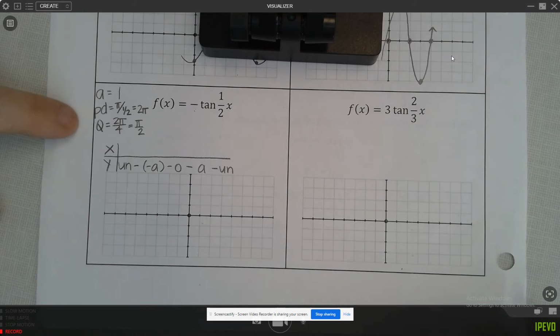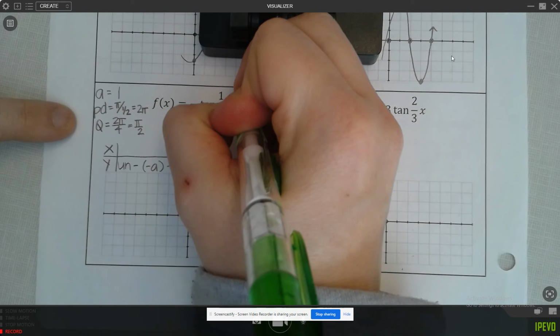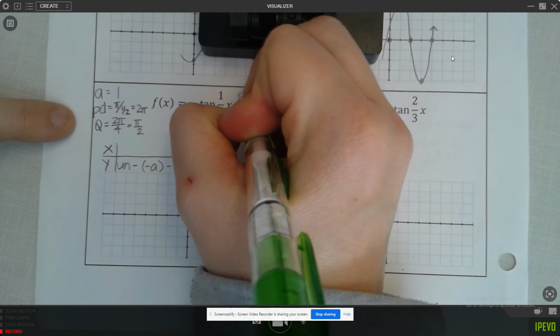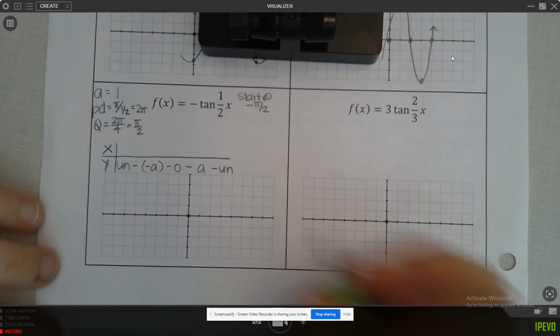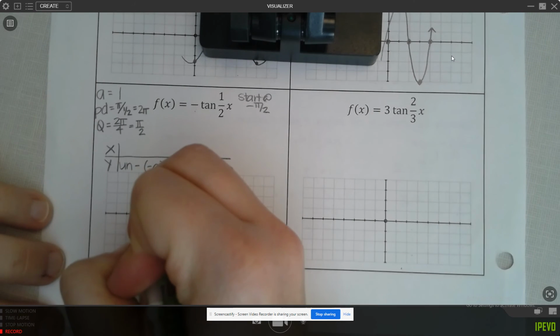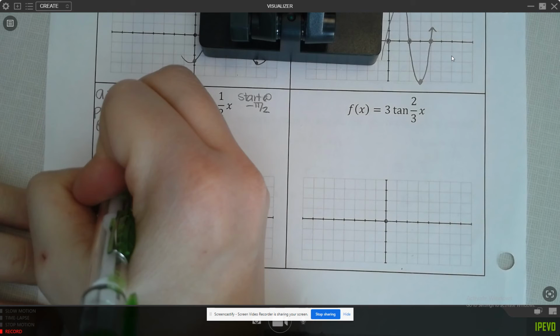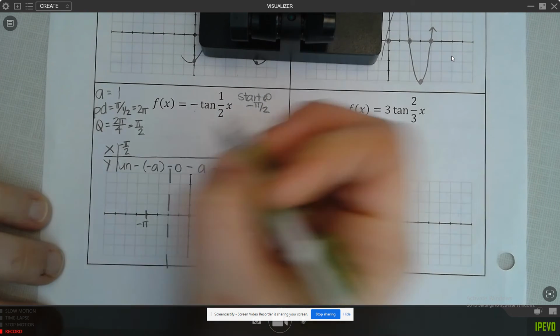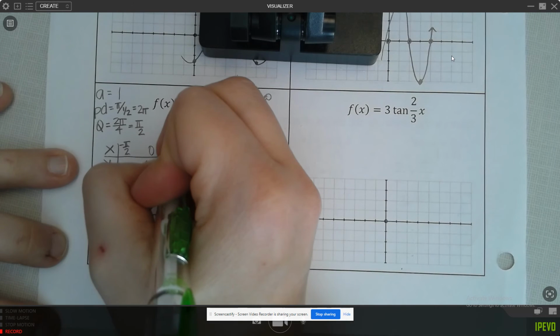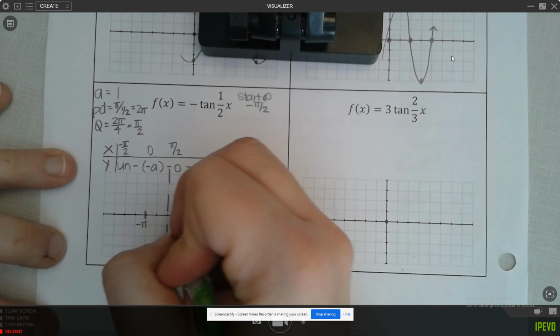This is a little bit harder one. This one we're going to start at negative pi over 2. And at negative pi over 2, I have a vertical asymptote. Okay, now I add pi over 2, so that's 0. This is pi over 2.